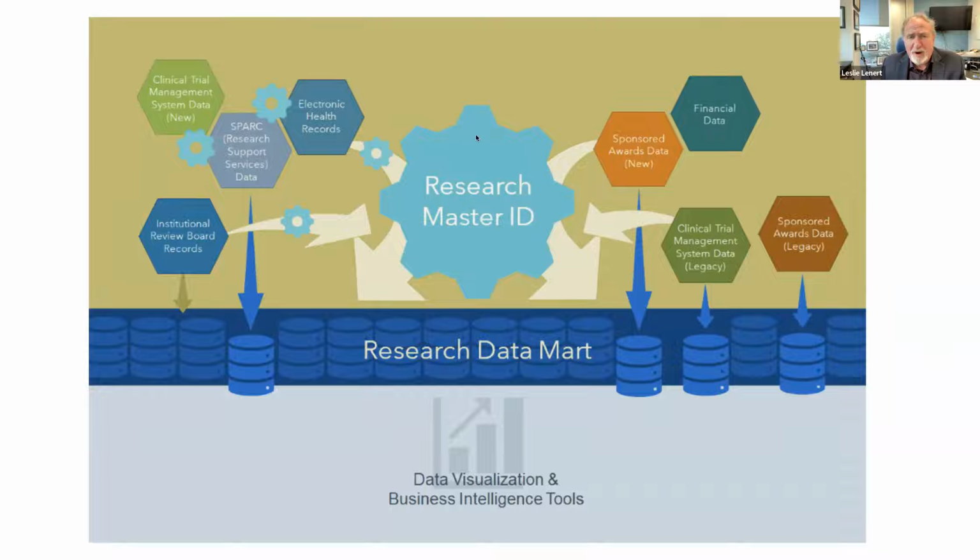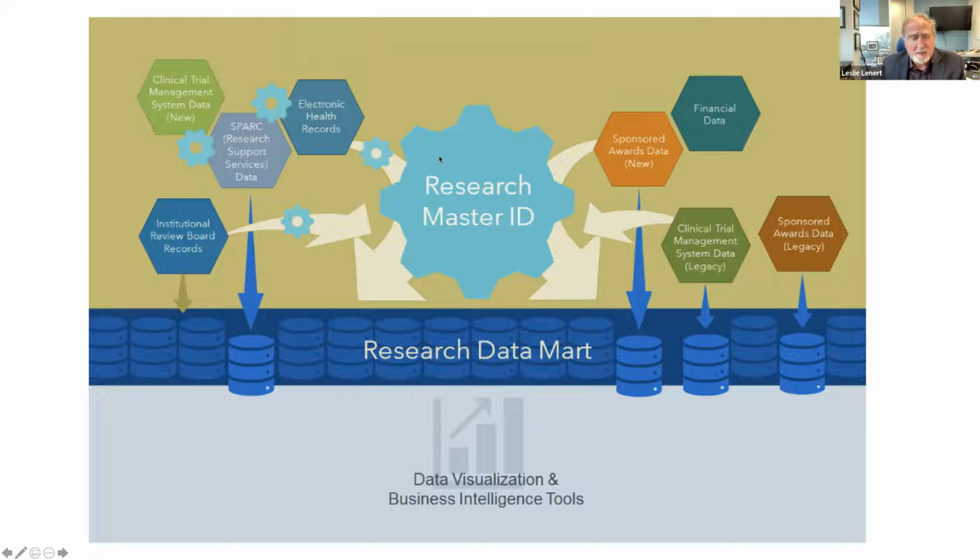We try to assign a single ID to every project so that we can then look at the impact and the time to start up across various parts of our system. We do get a fair amount of duplicates, and the biggest problem with this approach is the need to manually deduplicate the research master IDs given the production system.